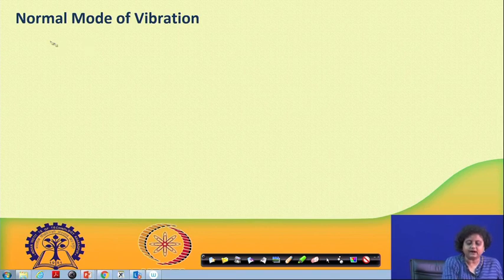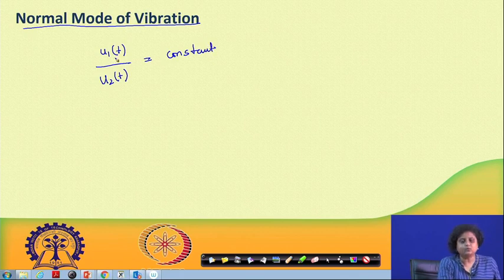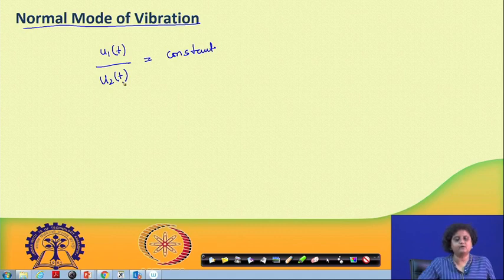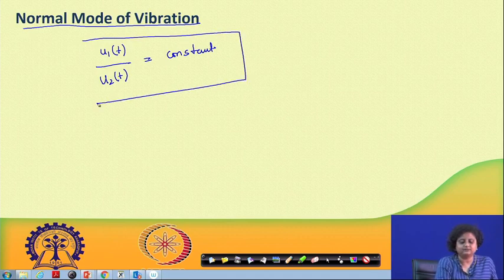I have seen that under normal mode of vibration, u1(t) by u2(t) has to be equal to a constant. Since u1 is a function of time and u2 is a function of time, but the ratio of these two is constant, there is only a possible form of solution of u1 and u2 which is going to satisfy this condition.